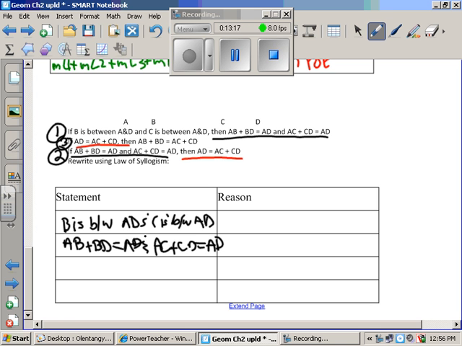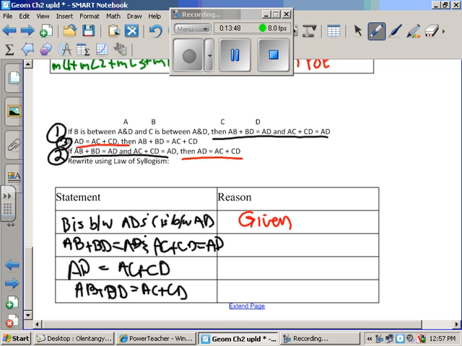Okay? And then your next statement, if that's true, then AD equals AC plus CD. And then your last statement would be then AB plus BD equals AC plus CD. And the reasons would be, obviously the first one's given.